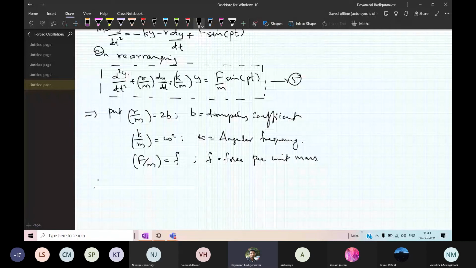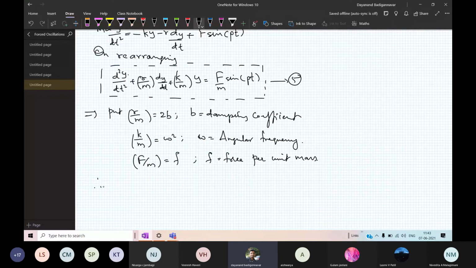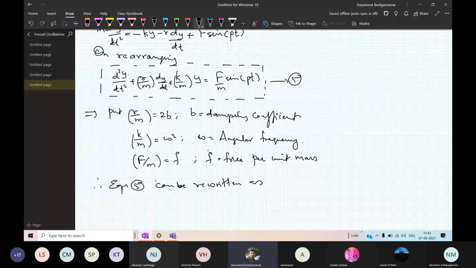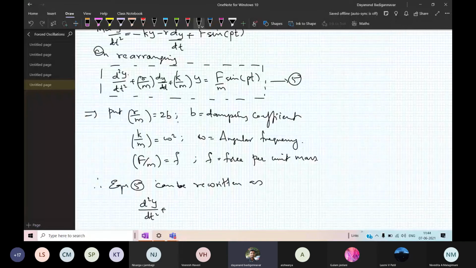So equation 5 can be rewritten as d2y by dt square as it is, plus R by M which is 2B into dy by dt, plus k by m.